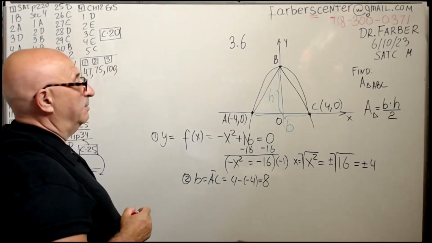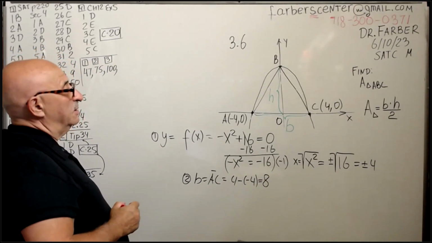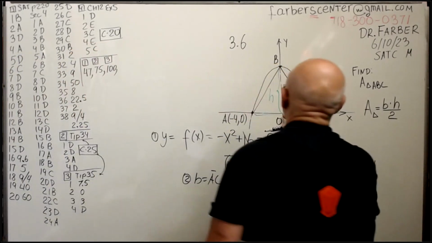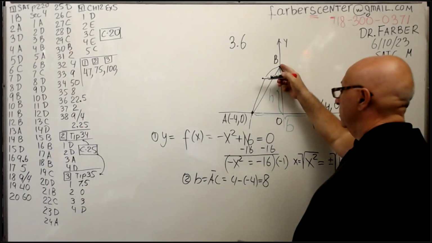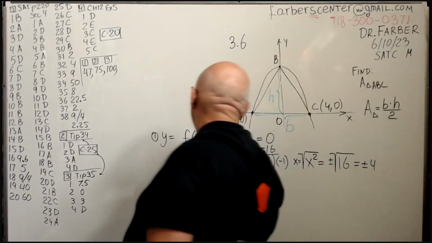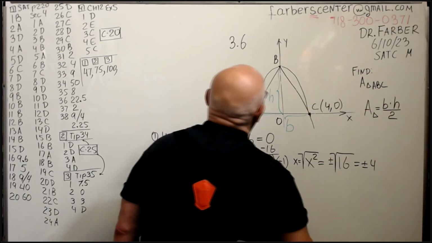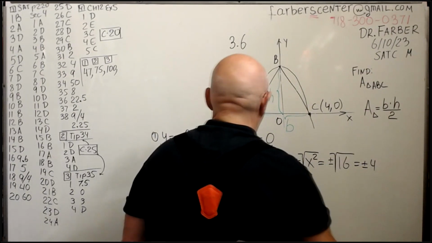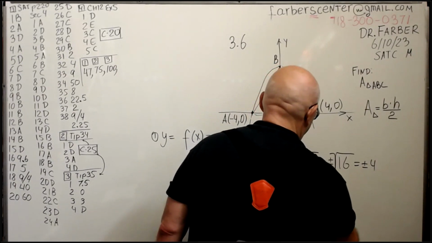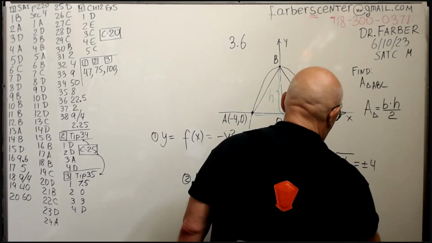So we have the base. Now, how to find H? H is the coordinate of point B, which you can get when x equals 0, right? And you have the equation of this. Step number 3. The equation of this line, y or f of x equals, I want to find f of 0.